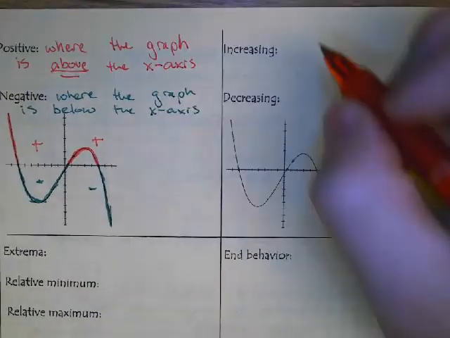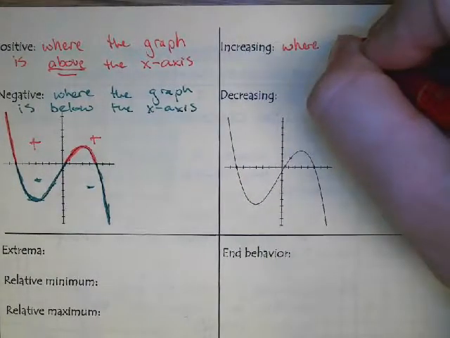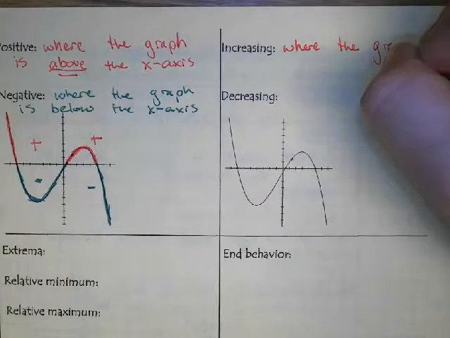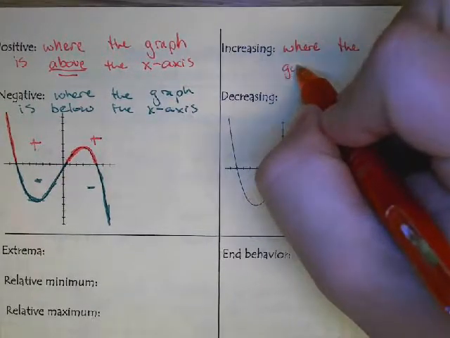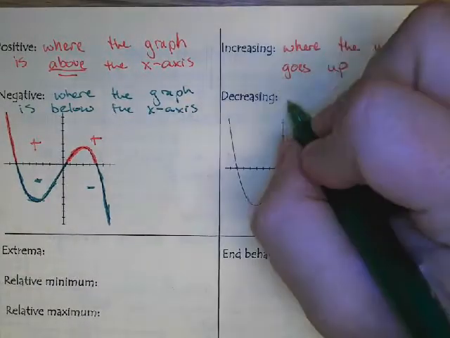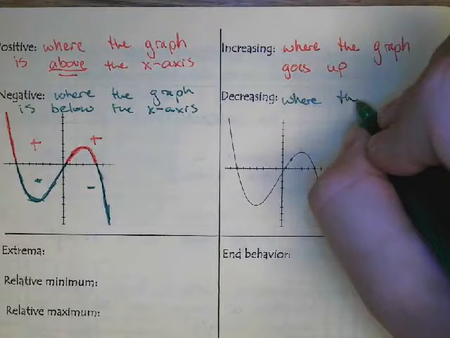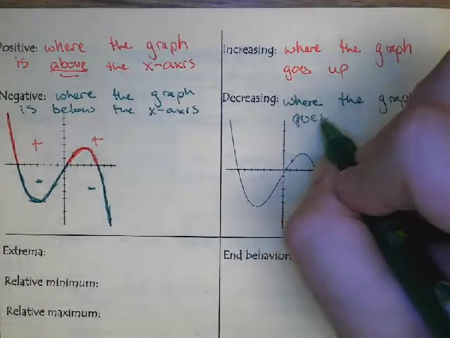So increasing is where the graph goes up, and decreasing is where the graph goes down.